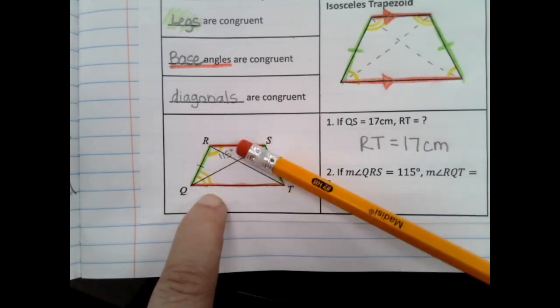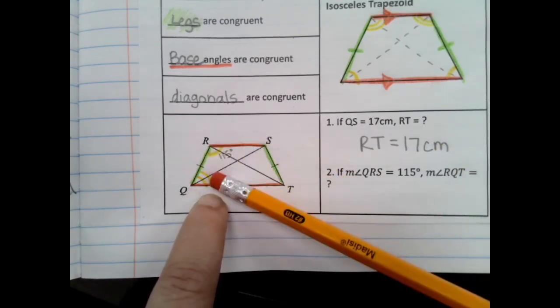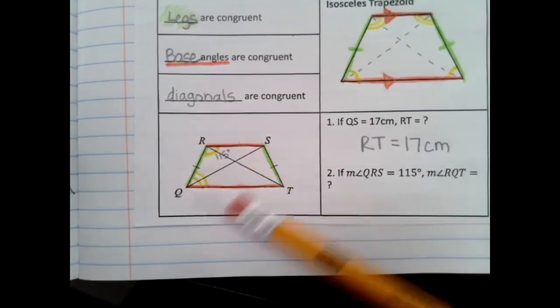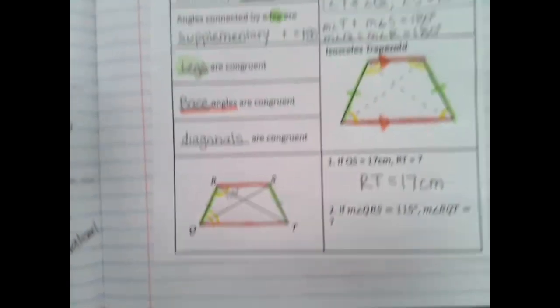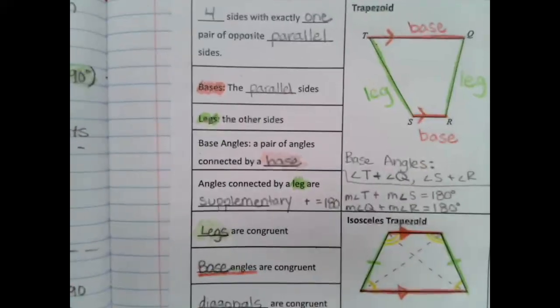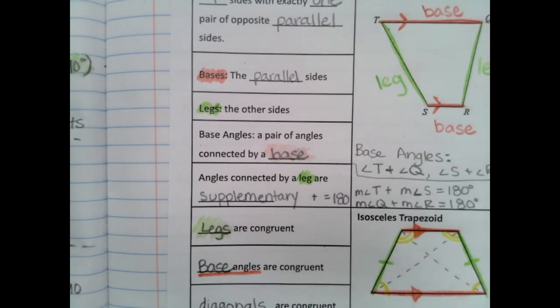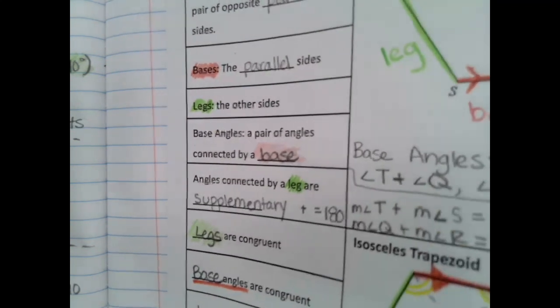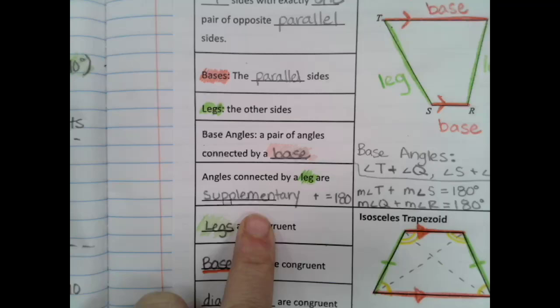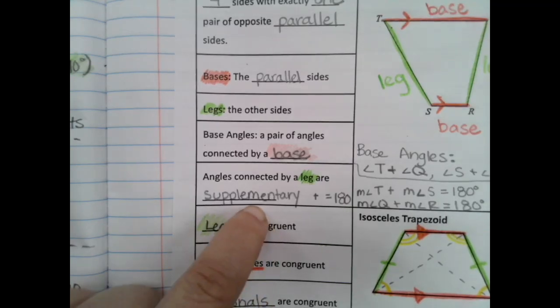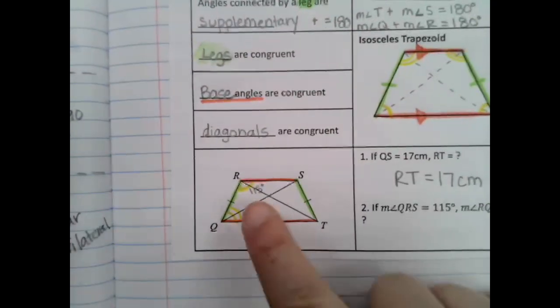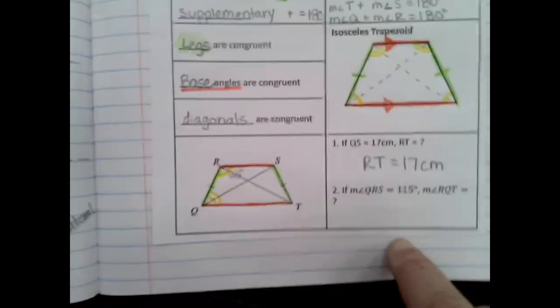But when I have two angles that are connected by a leg, this isn't necessarily just for isosceles trapezoids. What do we know about angles that are connected by a leg? They are supplementary, so they add up to 180. So if I know one angle is 115, how can I find the other angle?